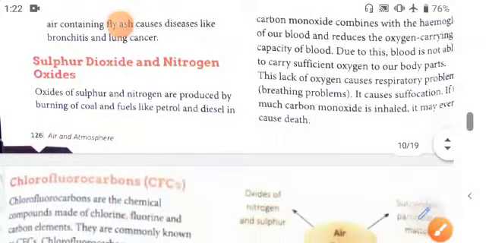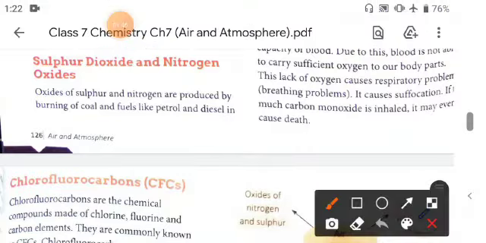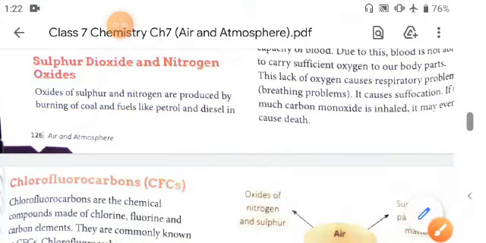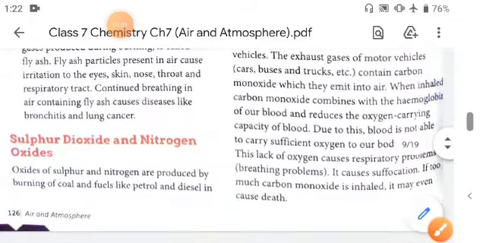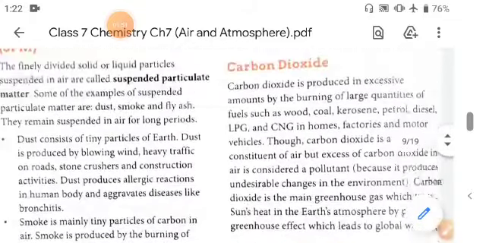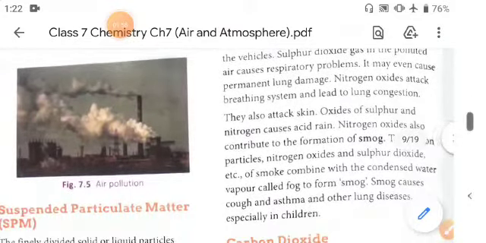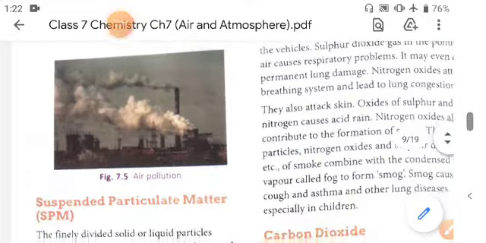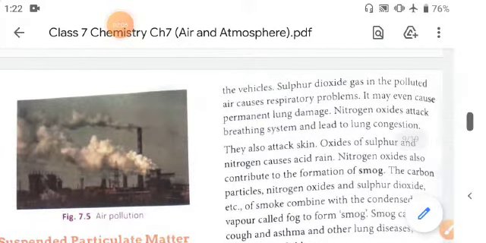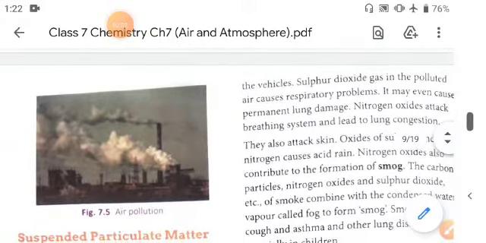Next is sulfur dioxide and nitrogen dioxide. Sulfur dioxide and nitrogen oxides are very harmful for us, and by the burning of coal and fuels like petrol and diesel, they come into the atmosphere and cause respiratory problems.